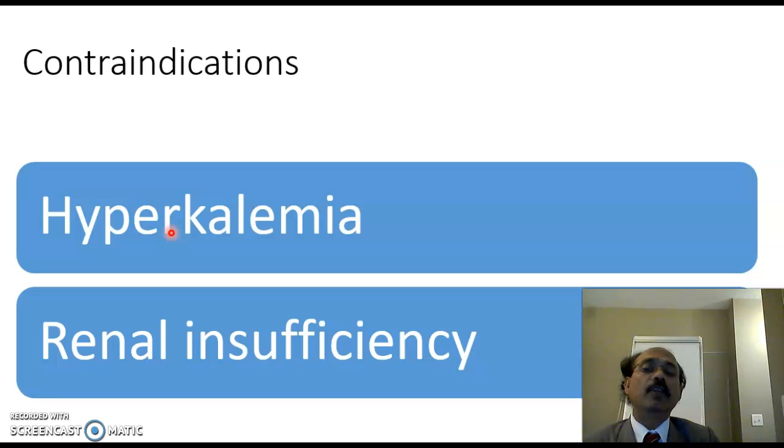That may increase the potassium and may lead to hyperkalemia. And renal insufficiency is a contraindication. Also we may add liver damage. Although this is a drug for liver cirrhosis, in end stage when the liver is totally damaged or close to totally damaged, in that condition this is contraindicated.